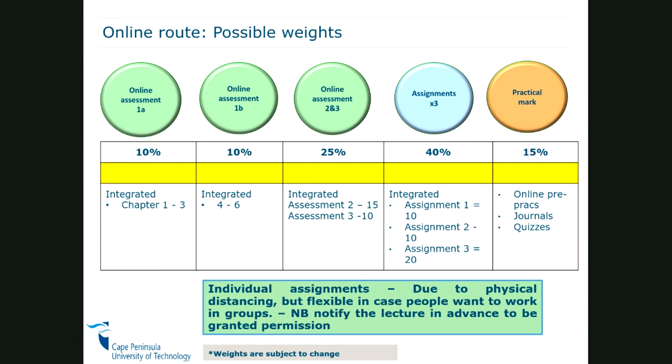So basically you cover 3 chapters, and then we have some form of assessment for you. Assessment 1A and 1B will weigh around 10%, and then we'll have assessment 2 and 3 weighing 25%: assessment 2 at 15%, and assessment 3 at 10%.